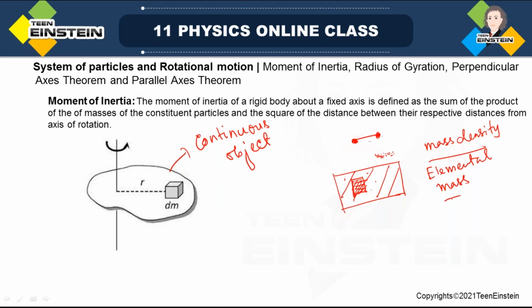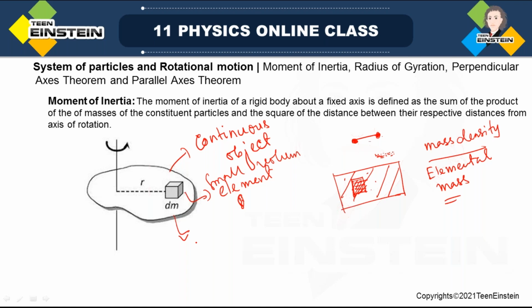Elemental mass, or mass element, means a tiny mass, though there may be many particles within it. So if you have a continuous object, you should take a mass element like this. If it is not a planar object, if it is a 3D object, you should take a small volume element.